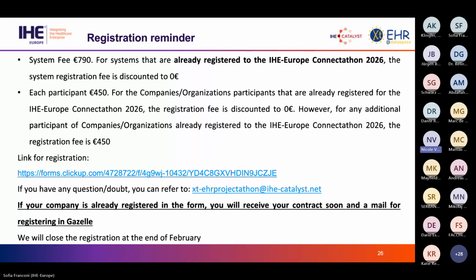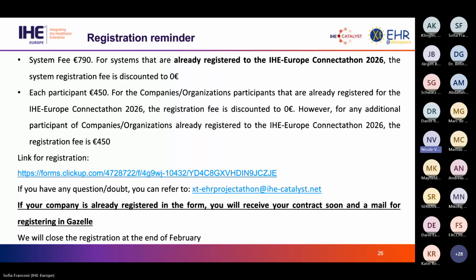Regarding the systems, since we have received some questions about it: the system fee is 790, but for systems that are already registered at the IHE-Europe Connectathon 2026, the system registration fee is discounted to 0. Each participant should pay 450 euros.